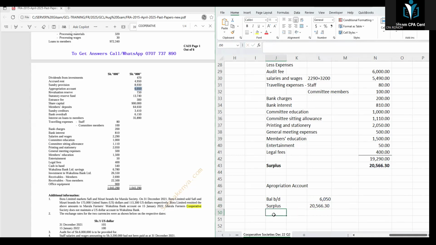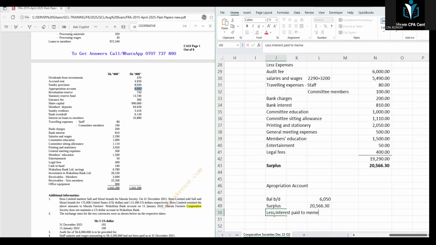And then we add and we less. If there is a dividend, we have not seen the dividend, you less the dividend. If there is any other payment relating to this, you less, but we don't have. Only we have interest paid to members.